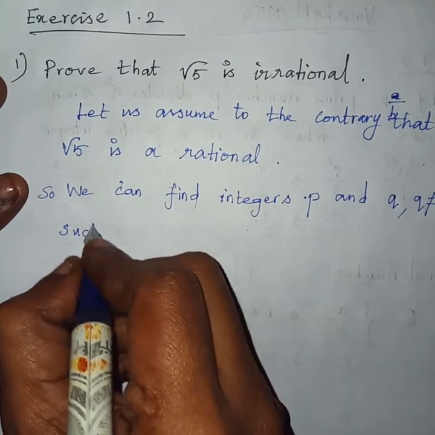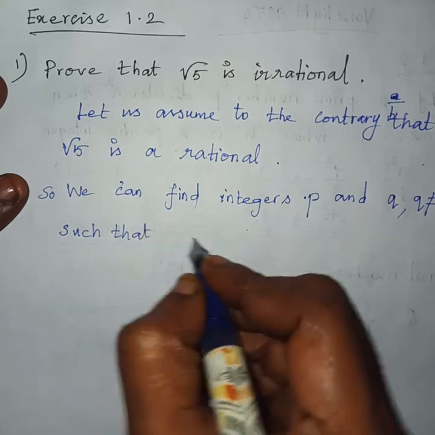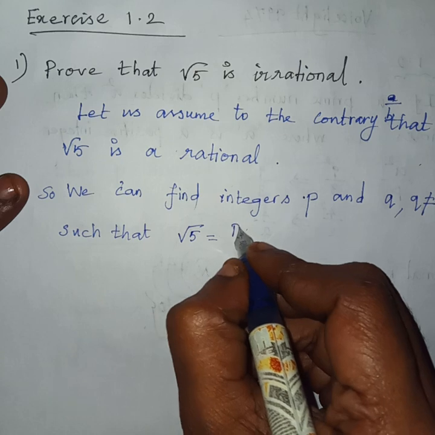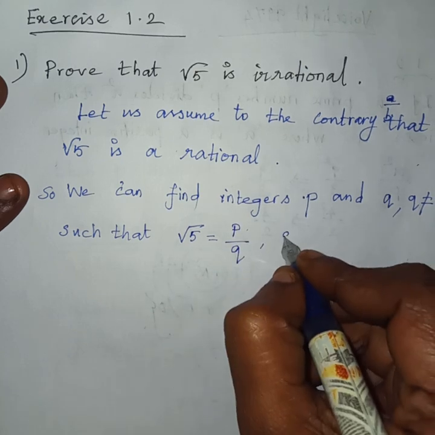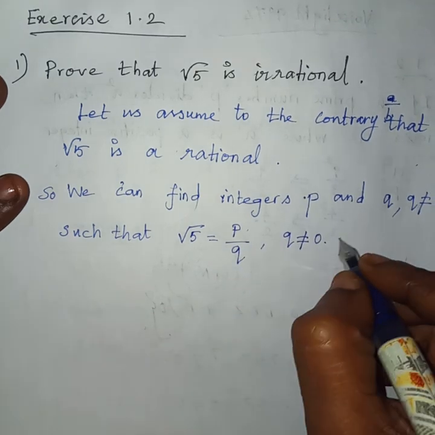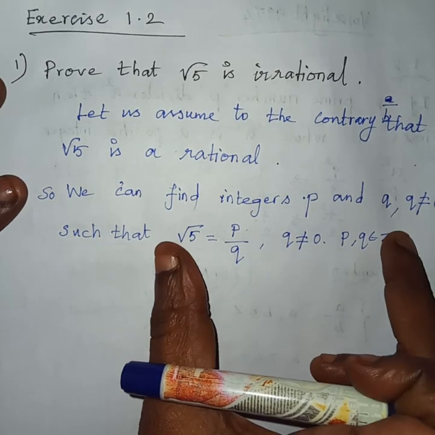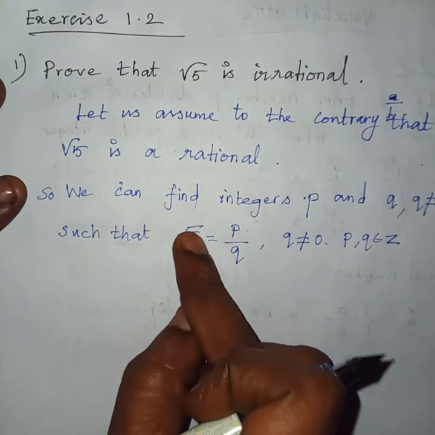So we can write root 5 as p by q, where q is not equal to 0 and p and q belong to Z. This is the notation form.